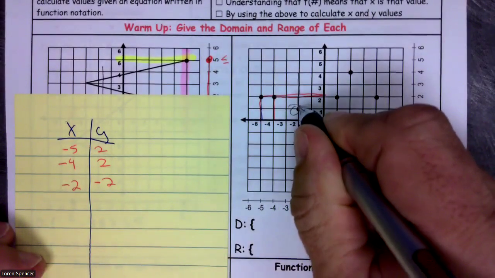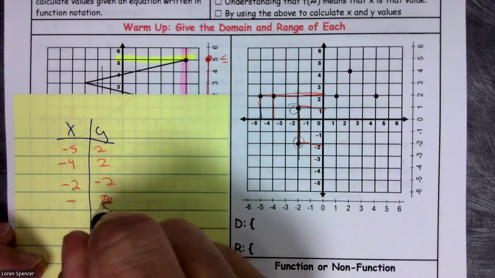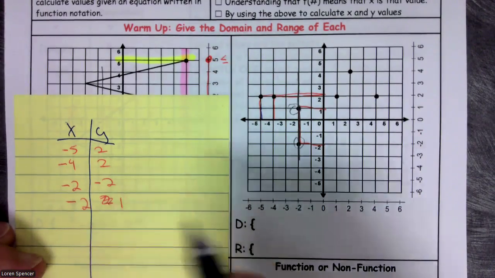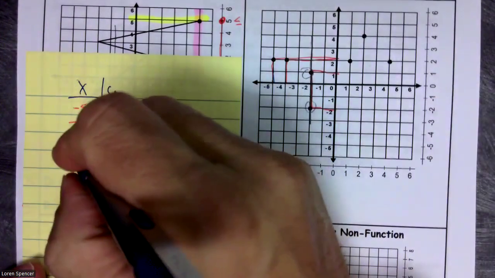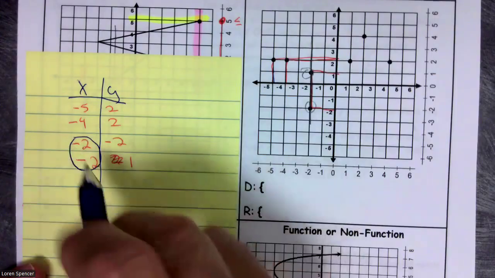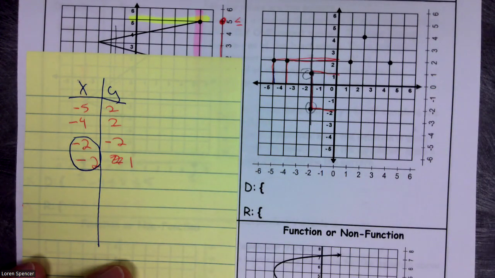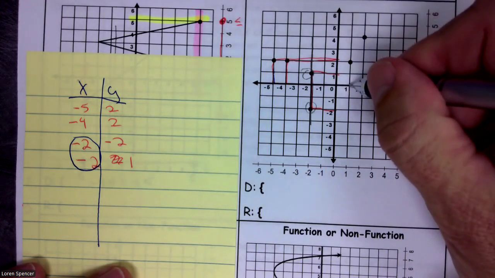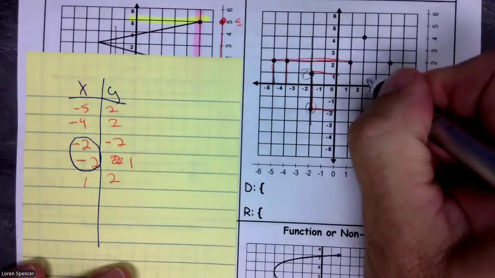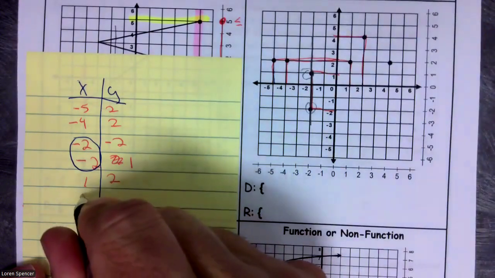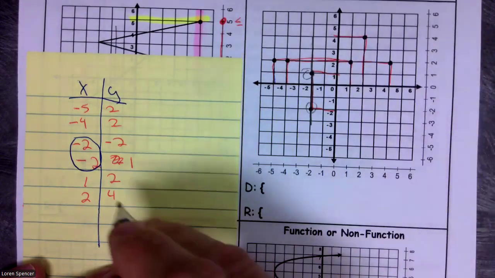And we have a -2, +1. Oops, -2, +1. And what we do see right here is what we just said, that the x's repeat. So this is not a function. The x equals -2 repeats, so this is not a function. Then we go to 1, 2. Then we go to 2, 4. And then we go to 4, 2.